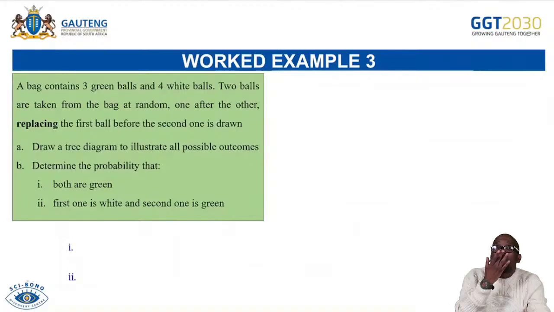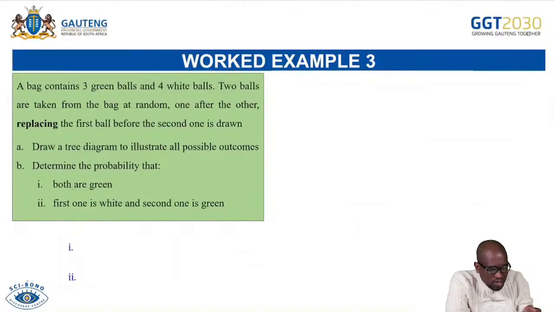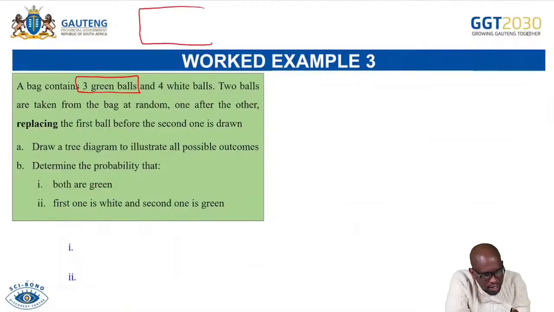Looking at a worked example, a bag contains 3 green balls. That is our bag, and 4 white balls. It's green, green, green, white, white, white, white.